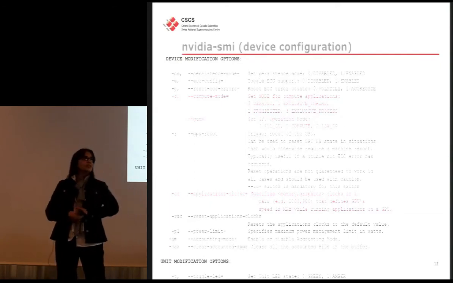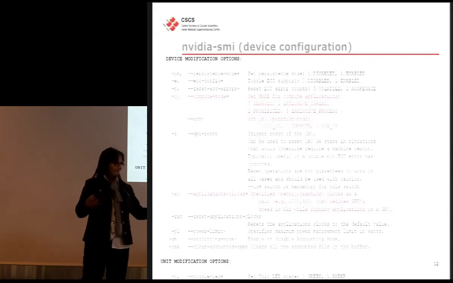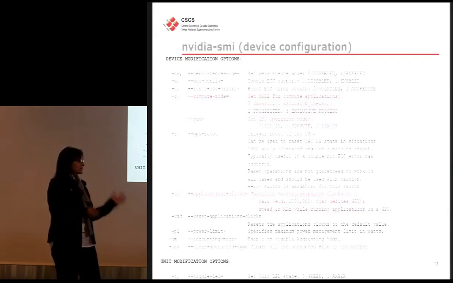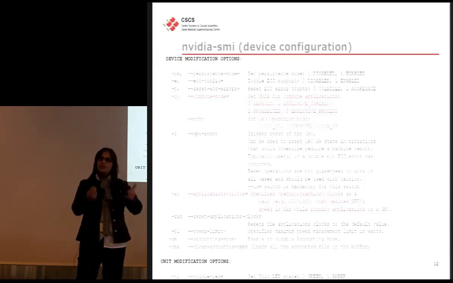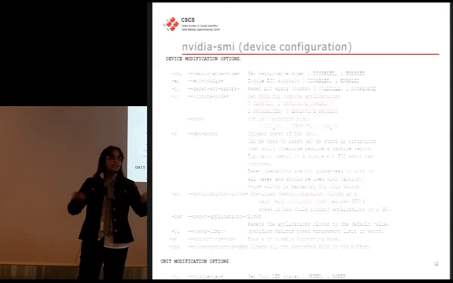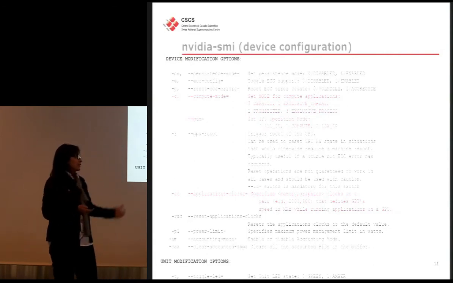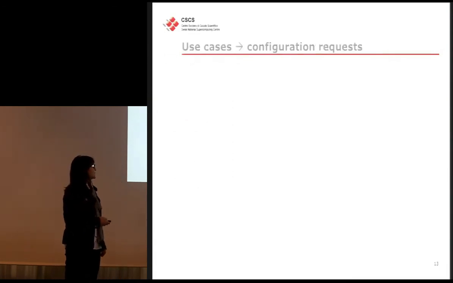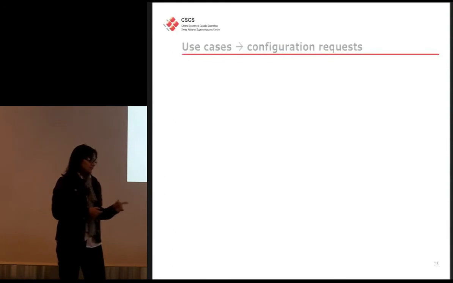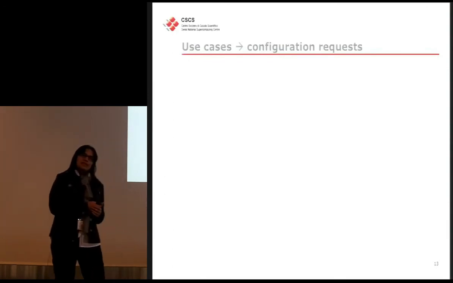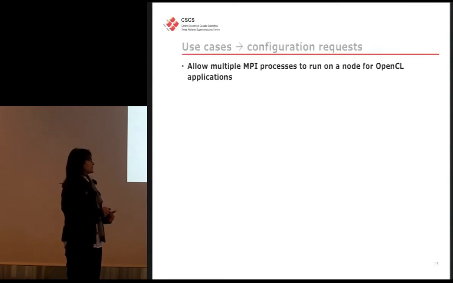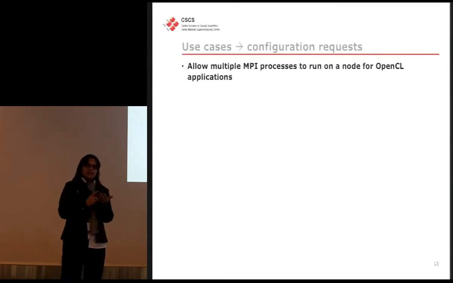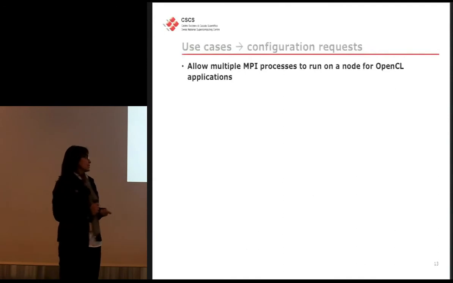For others, you may have to reset the whole node. So that's what makes it a little bit tricky: how do you enable this in a cluster environment where you may have thousands of nodes? That poses a real interesting and challenging problem for us, because we have use cases where we face all these three options.